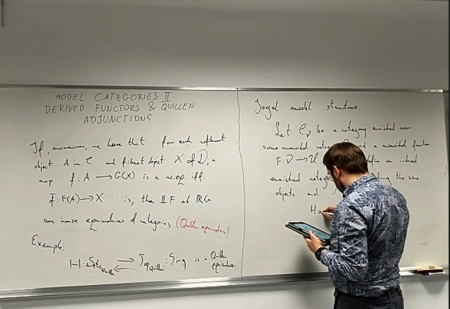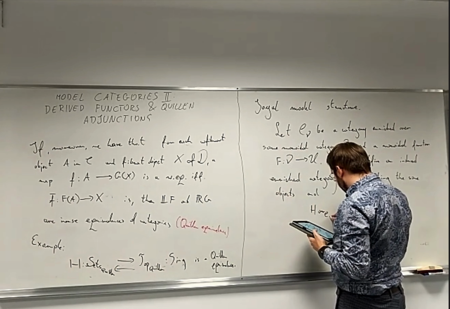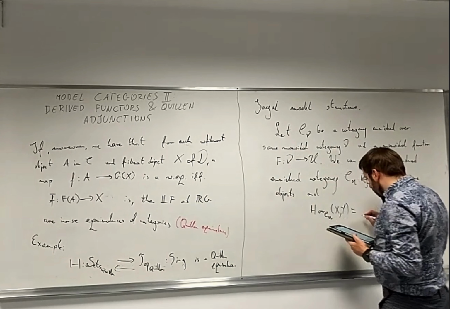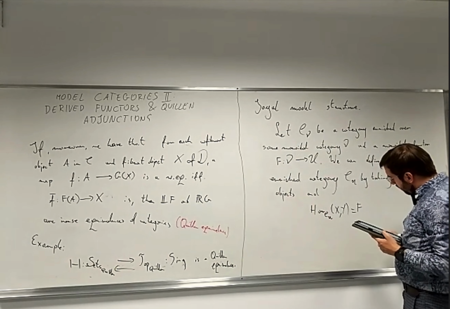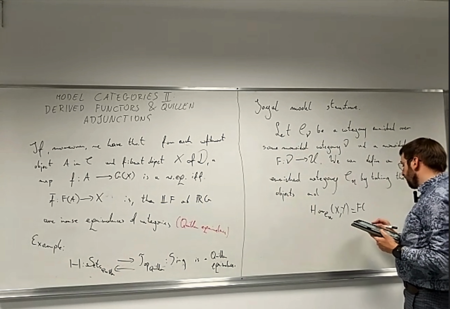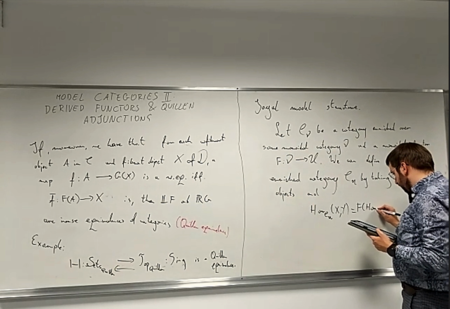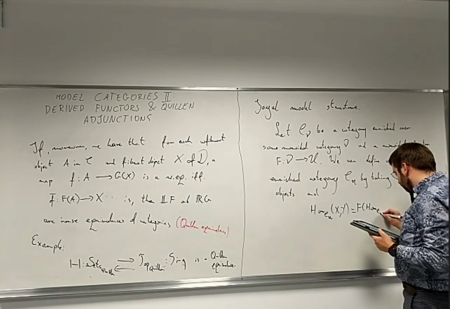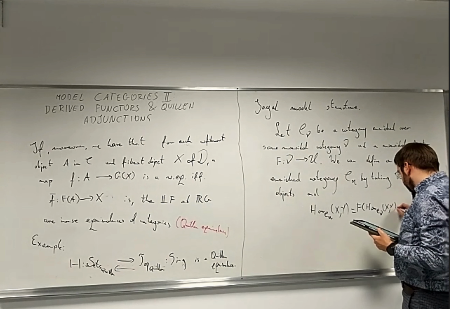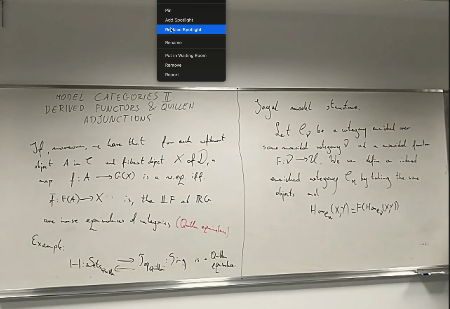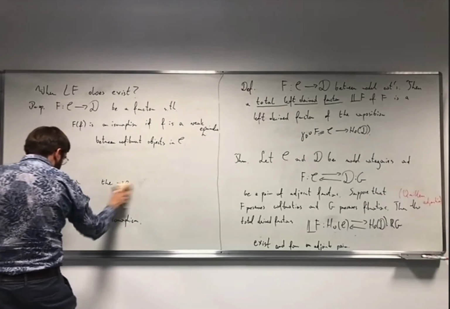So the hom-objects in C_U between two objects X and Y will be just the image under my functor F of the morphisms in C_V from X to Y. So having this definition, now let's come back to simplicial sets.